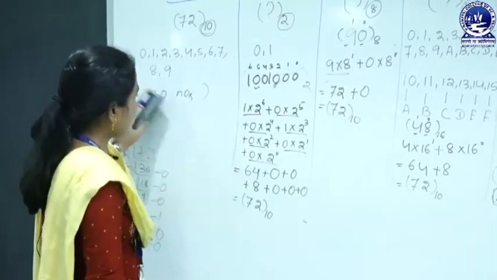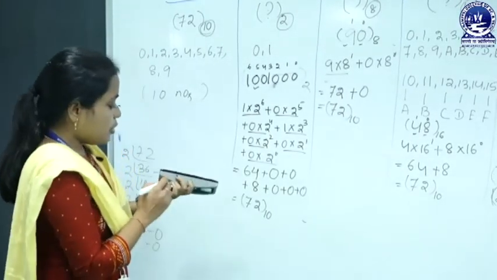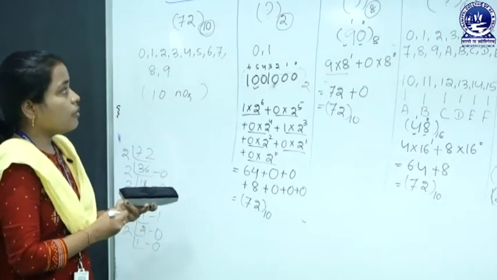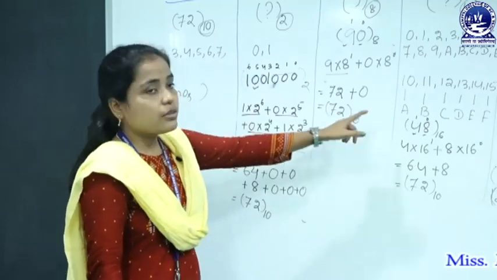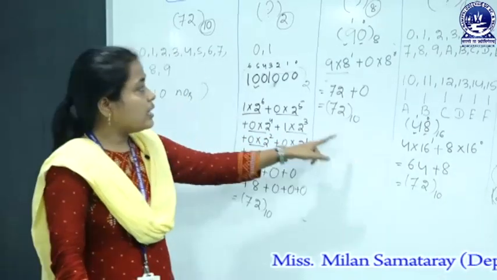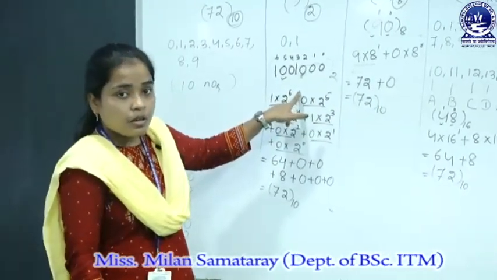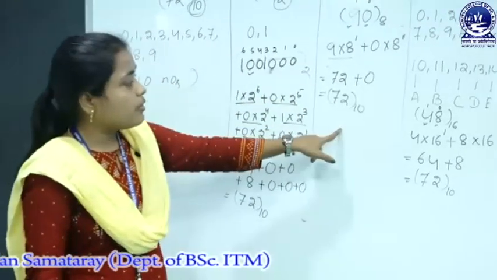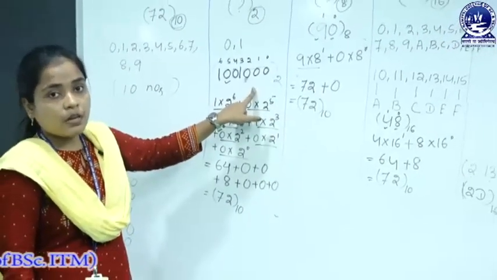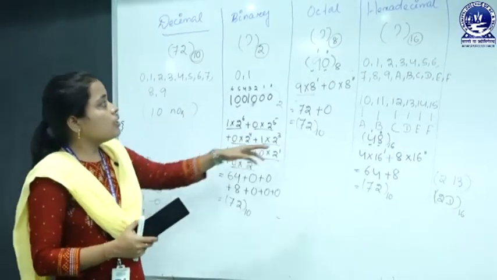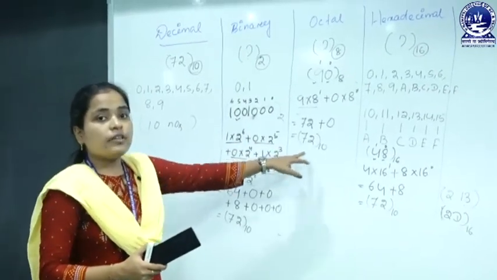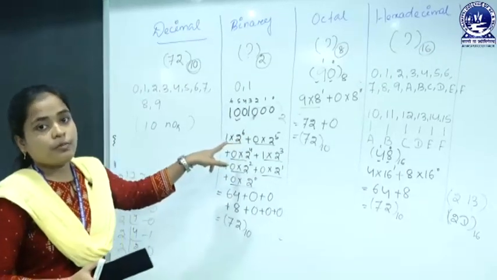But now the problem comes when we convert octal into binary, or hexadecimal into its octal or binary form. You cannot directly convert the octal number to its hexadecimal or binary value.